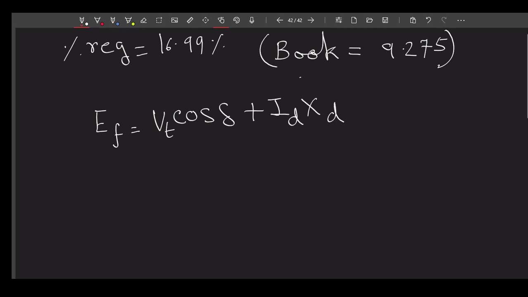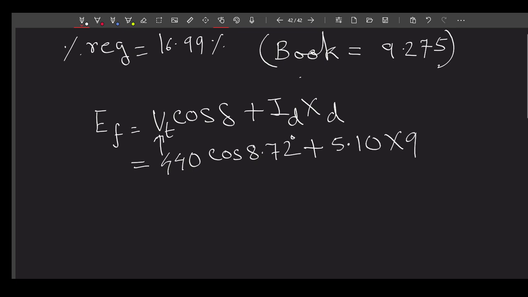This much is okay, but what they did, they calculated here 440. In my opinion, this is grossly incorrect because you cannot add one line voltage with one.